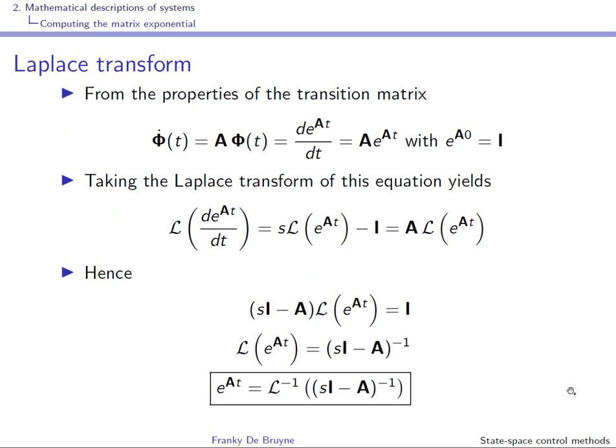So this is how you can obtain the matrix exponential using the Laplace transform. We have seen that the derivative of the matrix exponential is A times the exponential itself, and remember that the Laplace transform of a derivative, let's take for instance dy/dt, is sY(s) minus y(0), right?